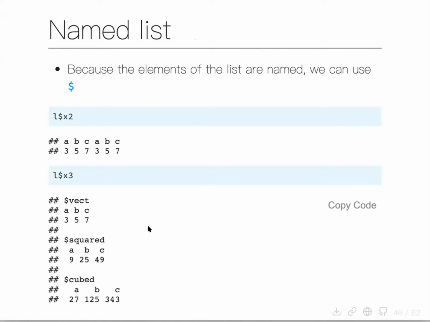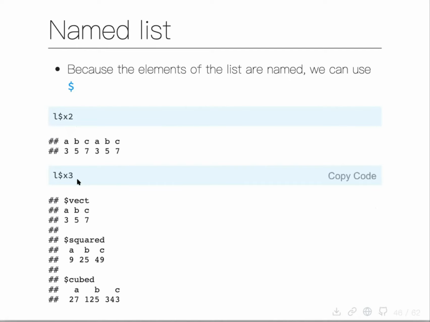Notice this is often how we're subsetting data frames, right? And that's because the data frame is just a list. And the column names are the names of the elements of the lists, okay? So L $X2 gives me the contents from the X2 element, which is the second one, right?